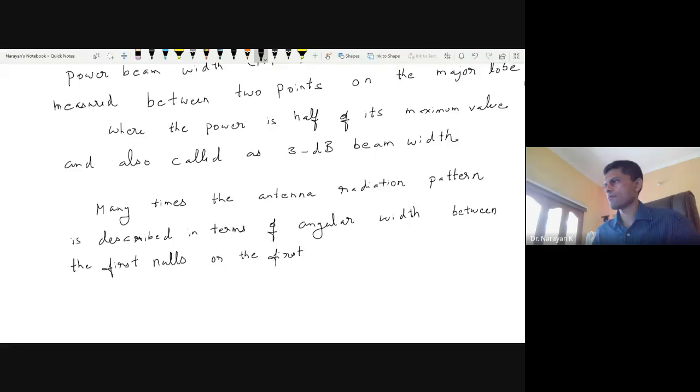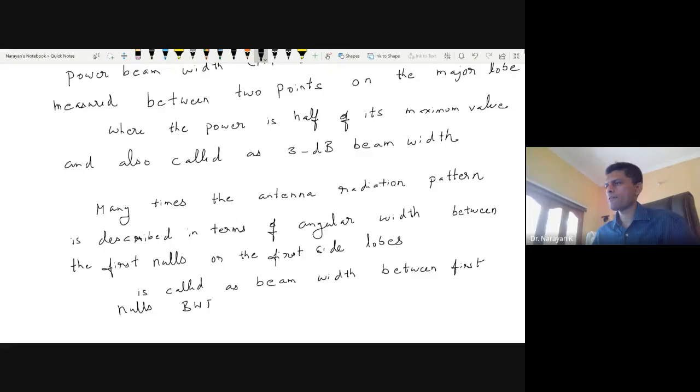This is called the beam width between first nulls, or BWFN.